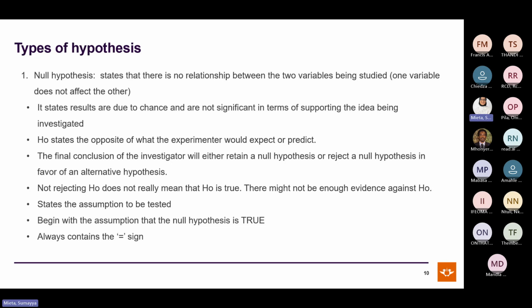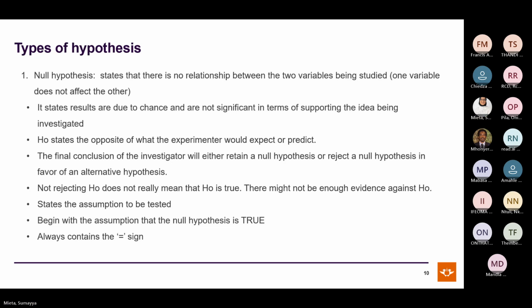But there are times where not rejecting the null hypothesis does not really mean that that hypothesis is true. It could be that there wasn't sufficient evidence against that hypothesis to say that it's true or it's not true.